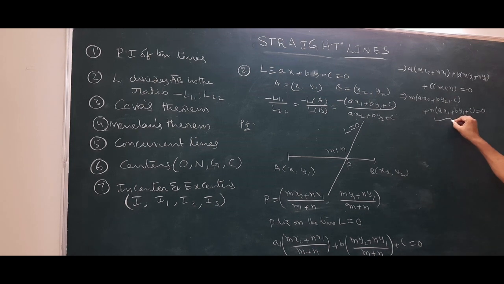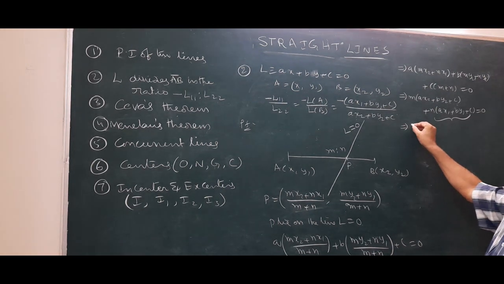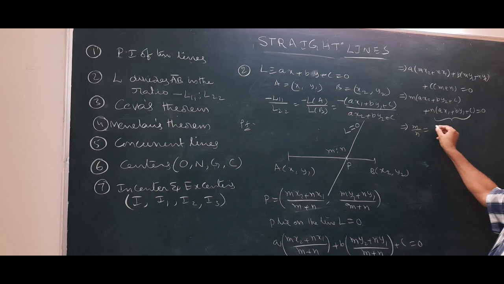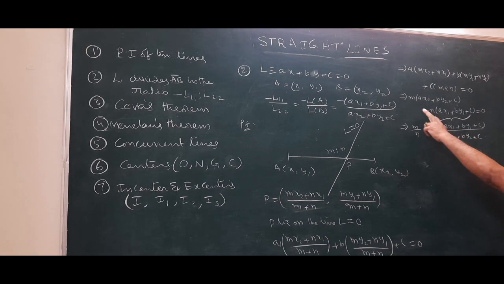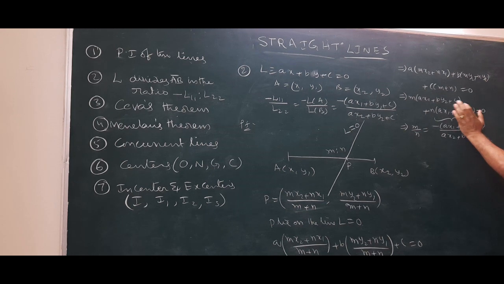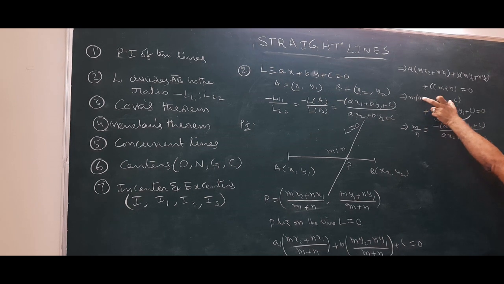Take this term to that side, it becomes minus. So from this relation, m by n equal to minus of (ax1 plus by1 plus c) by (ax2 plus by2 plus c). Look carefully. N into (ax1 plus by1 plus c), take that side, it becomes minus of that. Afterwards, divide with n and divide with ax2 plus by2 plus c.